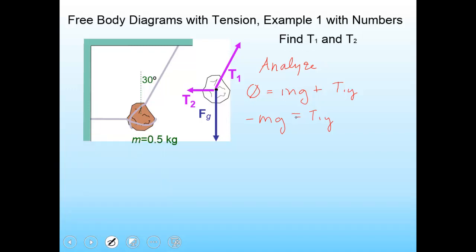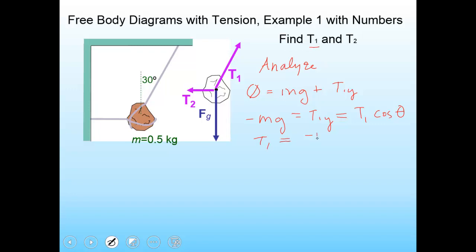Okay, and then we know that T1y is equal to T1 times, from before, the cosine of the angle. And we know mg, so we can solve this for T1, which is one of the things that we're looking for.